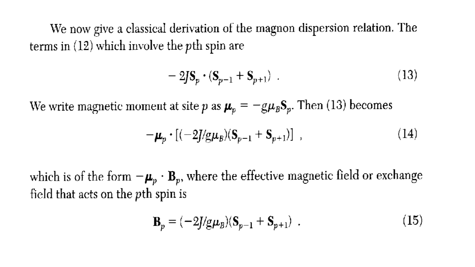That is the generalized form of the exchange energy. The corresponding term for B_p is this one, the effective field or exchange field at the site of the p-th spin.